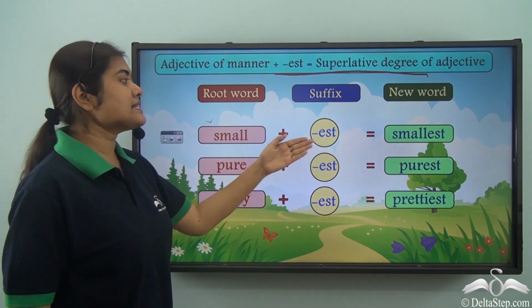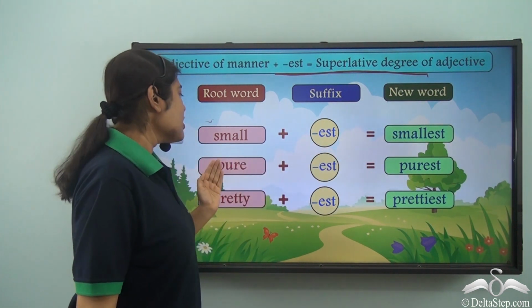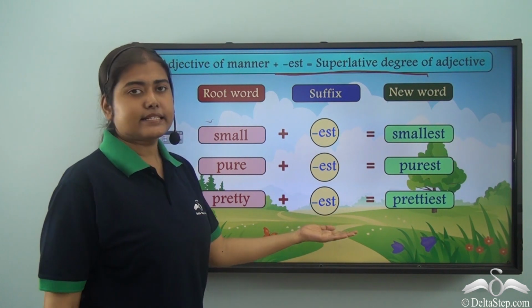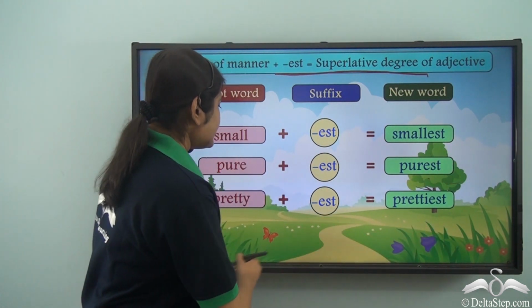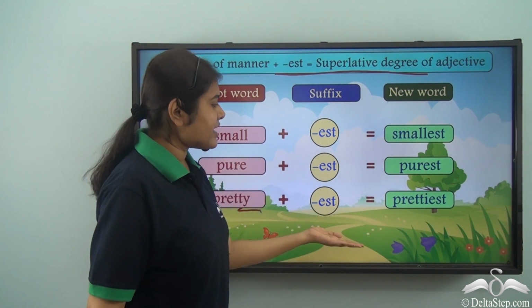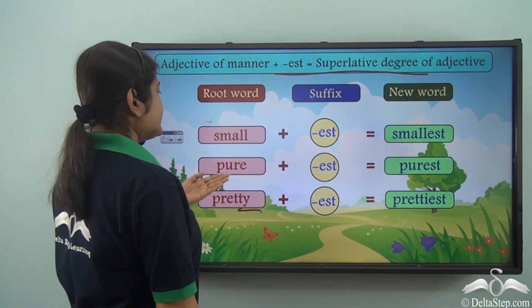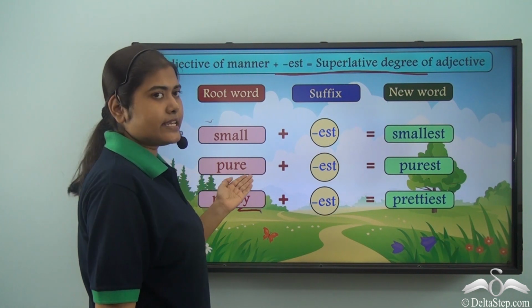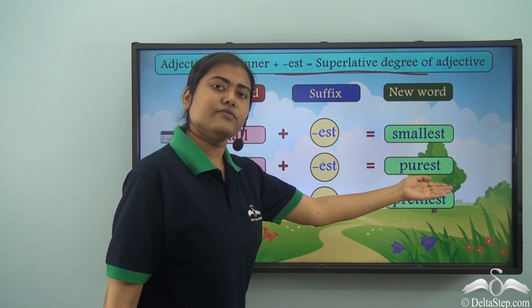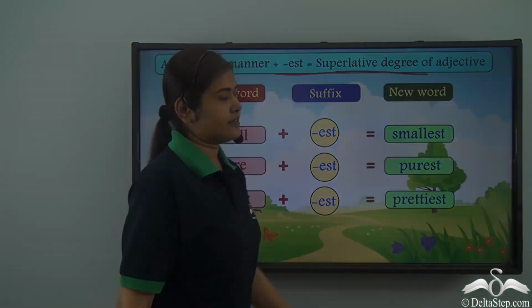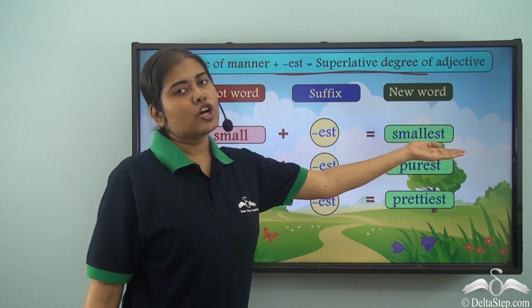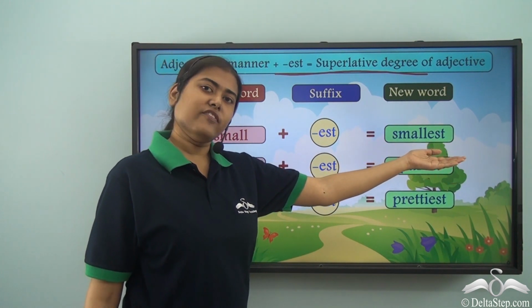Now small plus est is smallest, pure plus est is purest, pretty plus est is prettiest. So in this case as well, you can see the y changes to i and then we have est added. Similarly here, pure already has e. Again we have est here, but we do not use two e's, we just have one e and st. And for small, we simply add est at the end of the word to get the superlative degree of adjective.